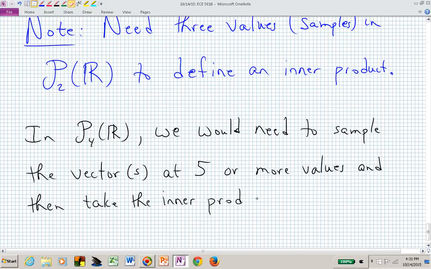You could think of it as populating an R5 vector, and forming the traditional inner product with those 5 samples.